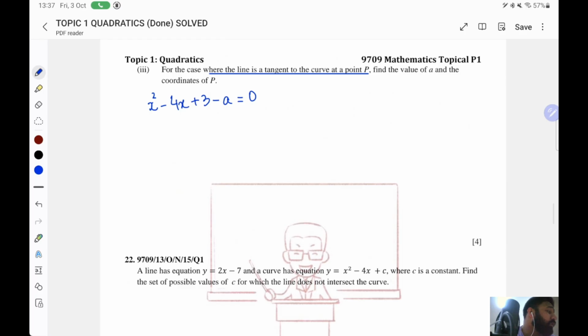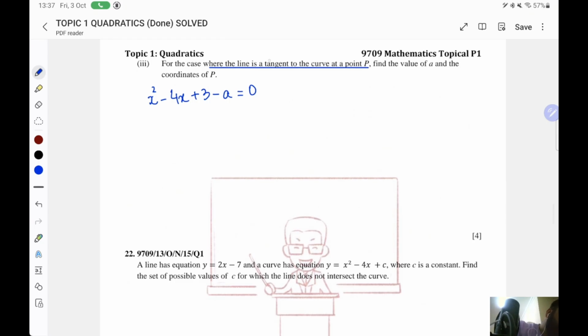Now you are going to use this equation of intersection, and he has mentioned in the question that the discriminant, which is b squared minus 4ac, will be equal to 0, because the line and the curve are tangent to each other. So by using this we can find the value of a.